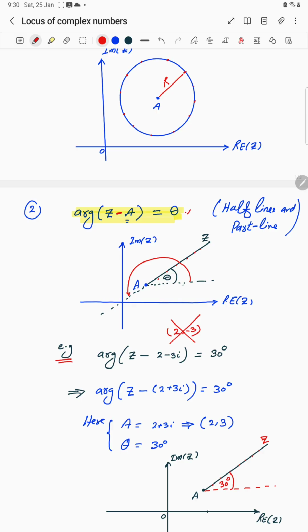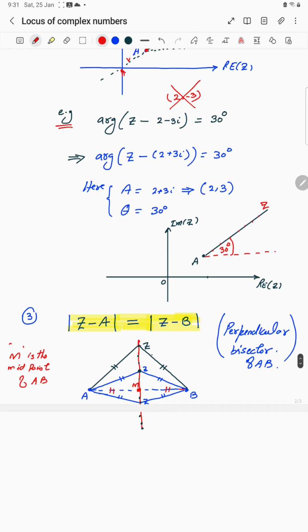Or if you go clockwise, even then it will be more than theta. So the conditions falsify the given angle, and that's why we call this a half line. In short, we need to take the start of the line from the point which is subtracted from z. Here it is A. So this will be the angle.